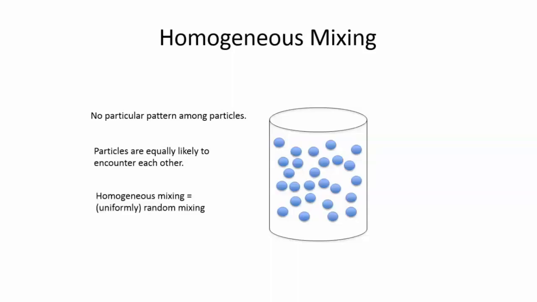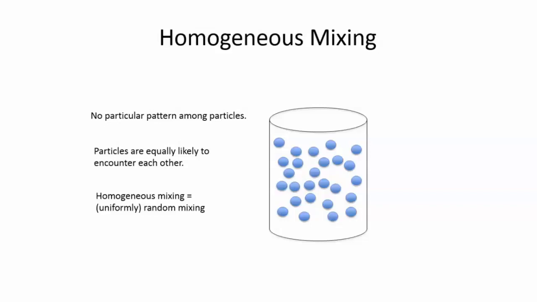But this idea of homogeneous mixing, and I'm using words here like equally likely. Equally likely means the same chance, right? And equally likely, the same chance, is connected to a word in mathematics: uniform. Uniform from the point of view of the uniform distribution. In the uniform distribution, things have equal chance or are equally likely.